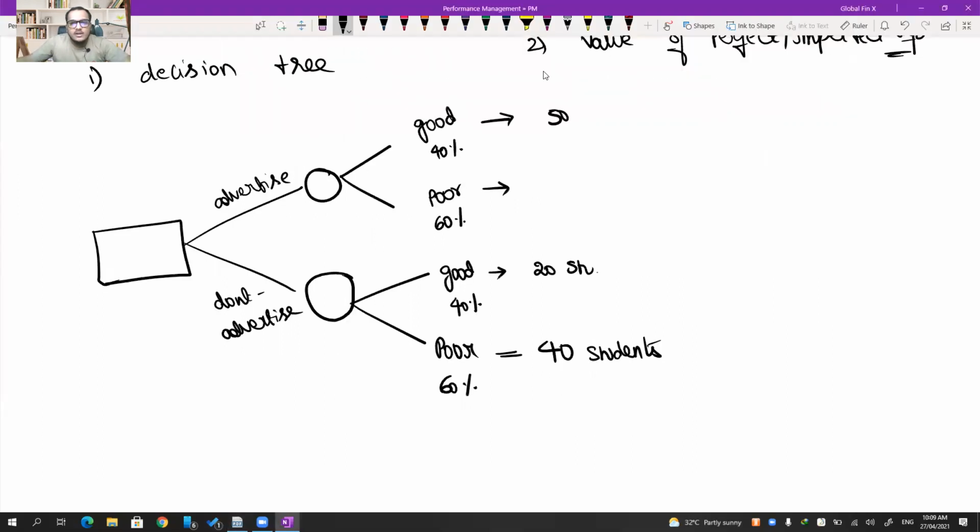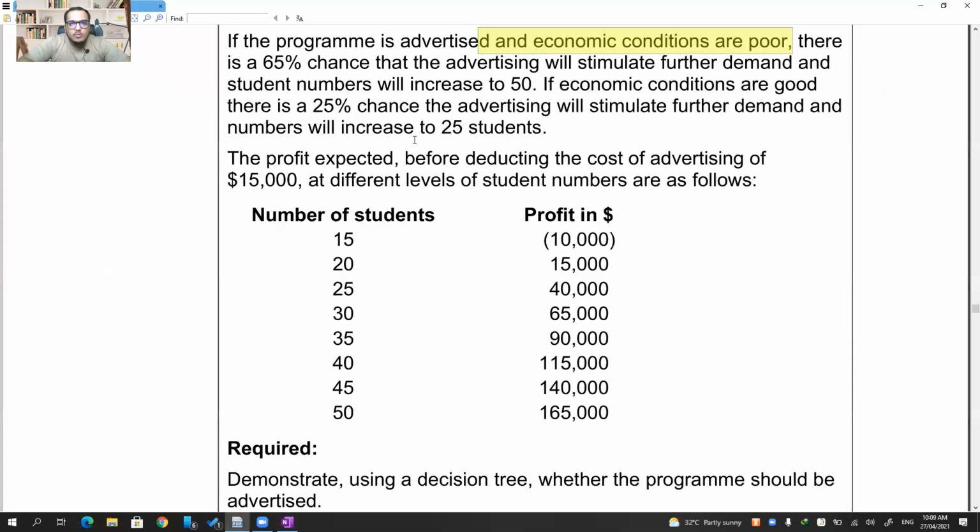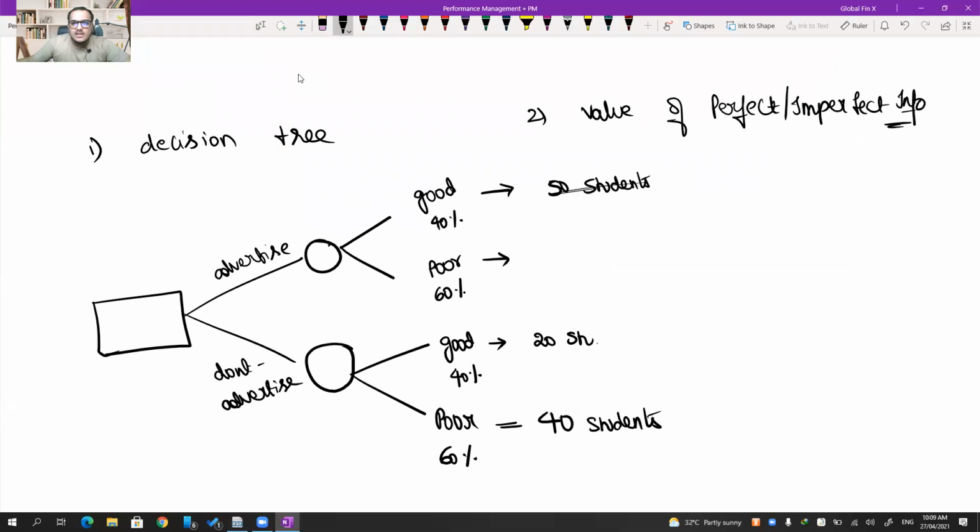Okay, 50 students you will get, but the chances are only how much? 65% chance. That means 35% chance that the number of students will not increase also. So we'll have to take that also into criteria.